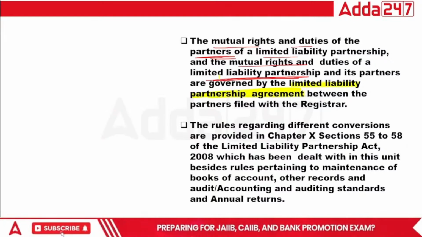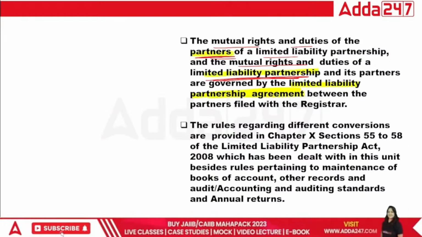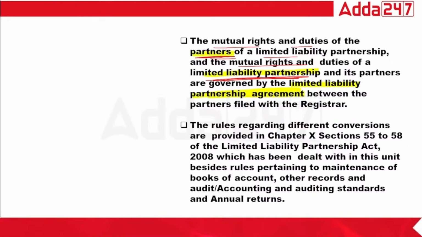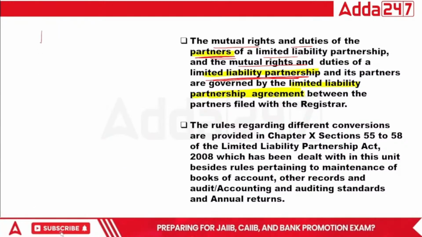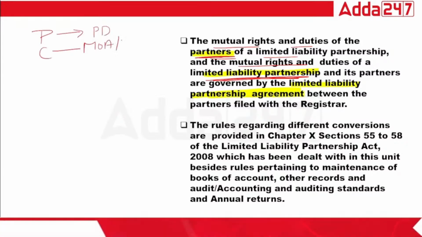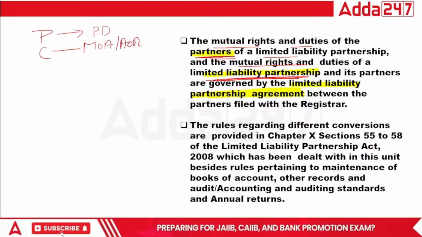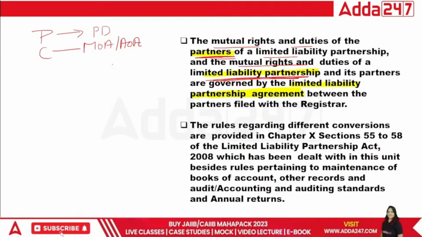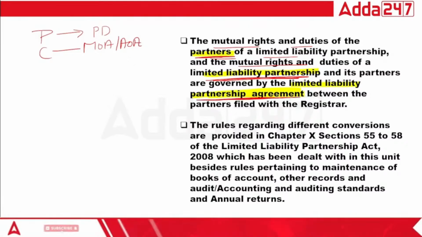The rights and duties of LLP and of partners are written in the LLP agreement. Is that okay? Because we have read in the partnership, the important thing is the partnership deed. In company, the important documents are MOA and AOA. Right? MOA and AOA. Okay?